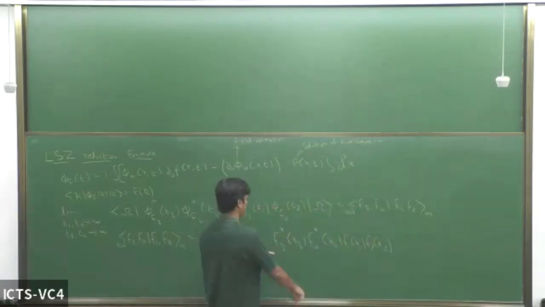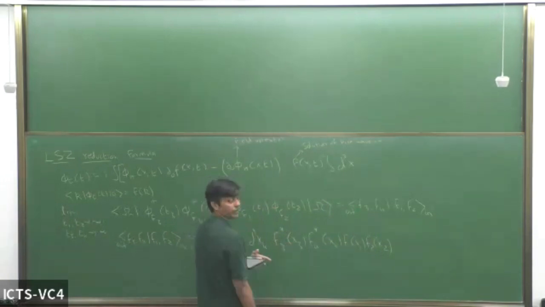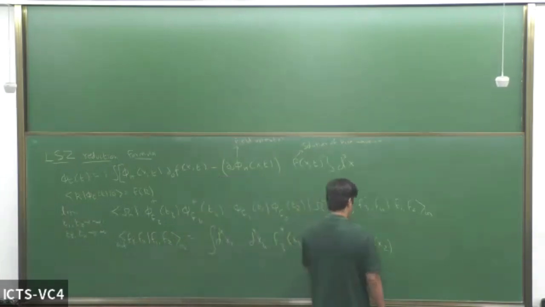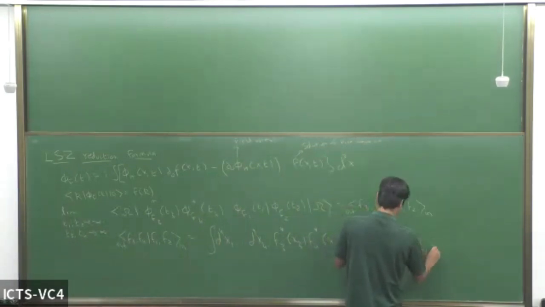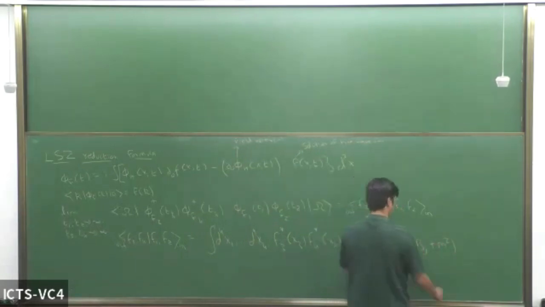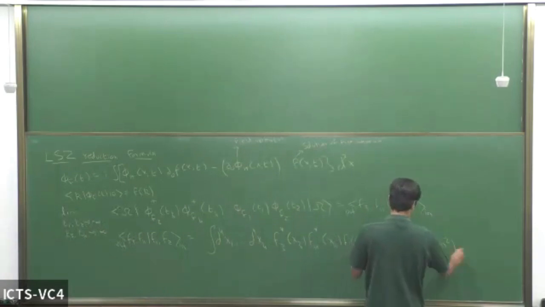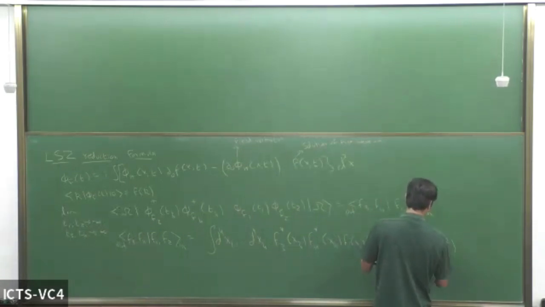However, notice that F3 has been conjugated, F4 has been conjugated. And then you have the product over J of box J plus M squared, with a factor of i, and this thing acts on the following operator.